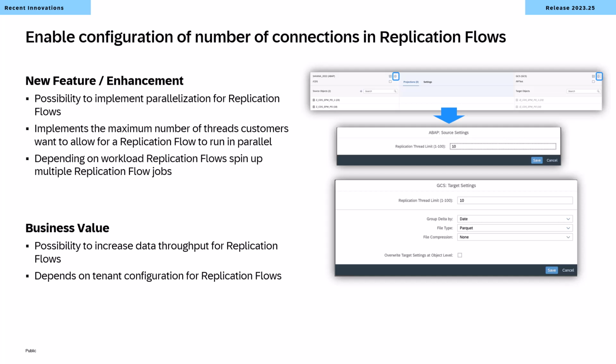And you see that in the screenshots here a little bit. I can show you that also live in the system in a second. On the left hand side for the source, you can have a source setting the replication threads, as well as on the target side, both using that cogwheel icon on the top right or top left, and then giving you different options depending on the source, of course, right?